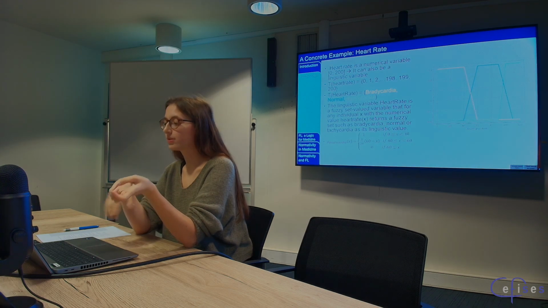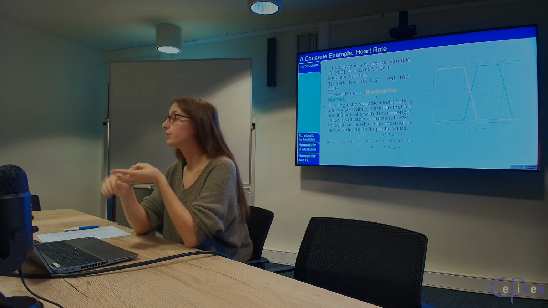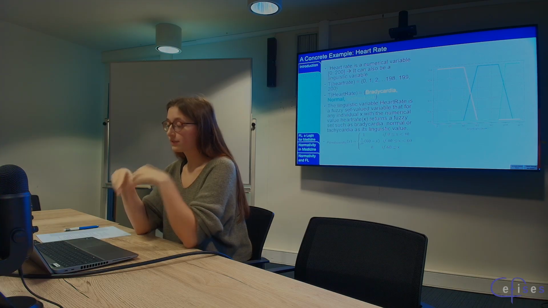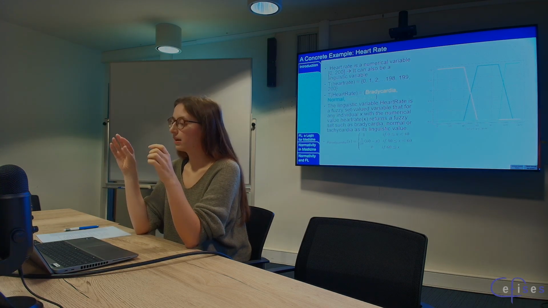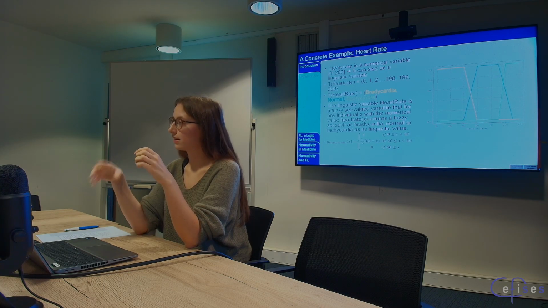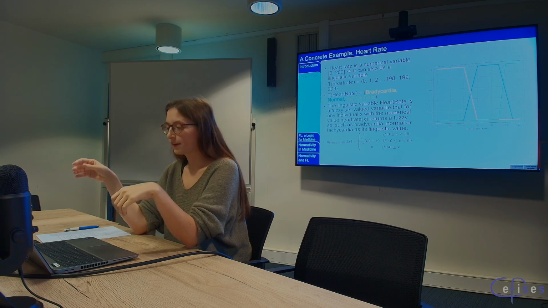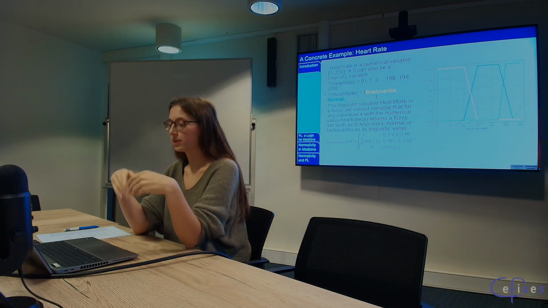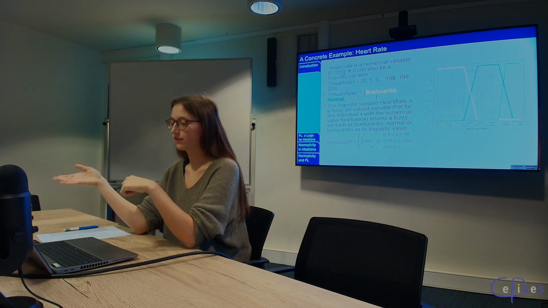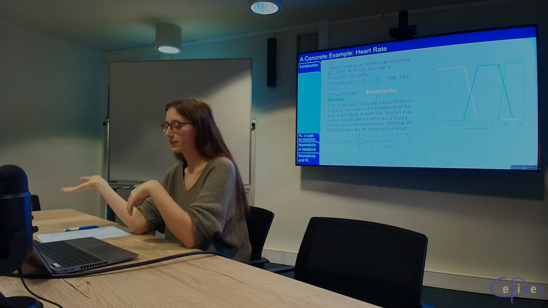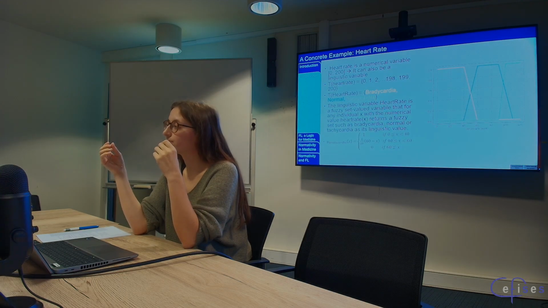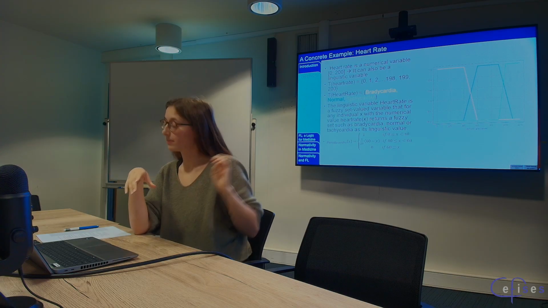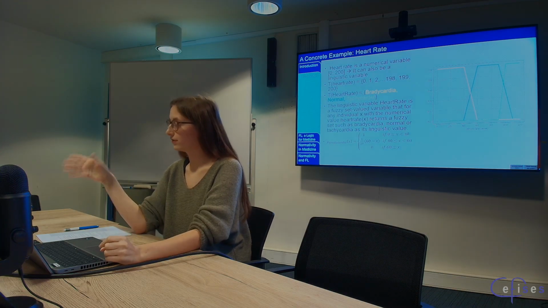So the linguistic variable can take values like bradycardia, normal, and tachycardia. And so the linguistic variable heart rate is fuzzy set valued. It means that all the values it can take are fuzzy sets. For any individual x with the numerical value heart rate x, it returns a fuzzy set such as bradycardia, normal, or tachycardia as its linguistic value. We can define how you find the membership function of each of the different sets.